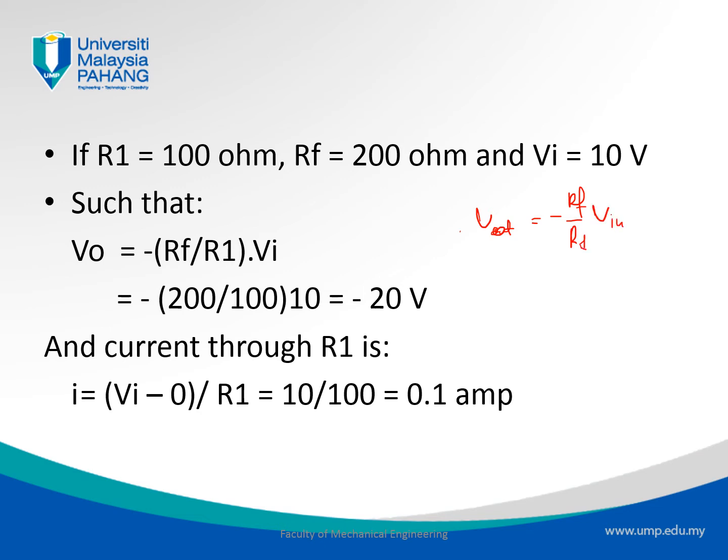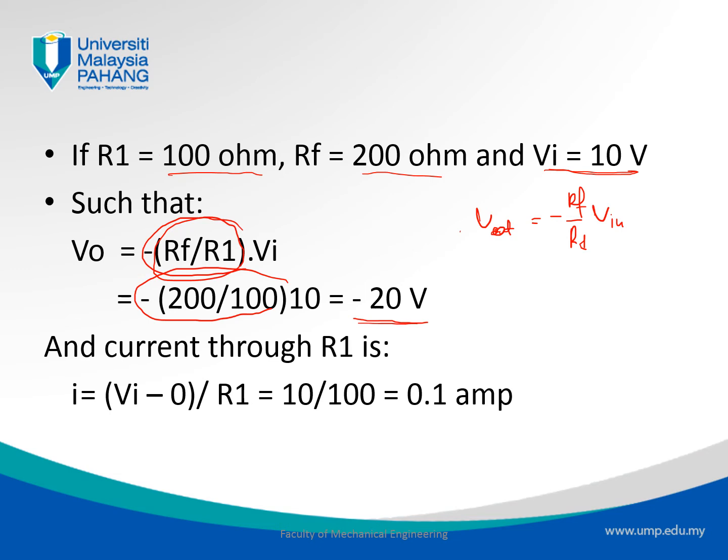If we have R1 equals 100 ohm and RF equals 200 ohm, and we put an input of 10 volts at the inverting terminal, the gain of the operational amplifier, minus RF over R1, is minus 2. We got a gain of minus 2.